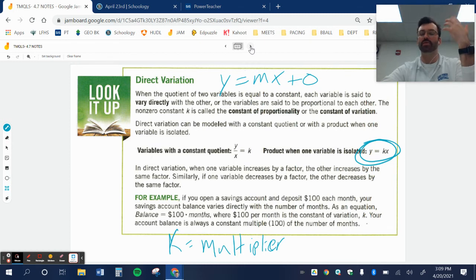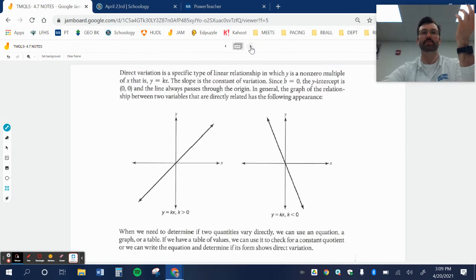We're not used to these huge numbers, and now we're going to start to deal with them. Direct variation is a specific type of linear relationship in which y is a non-zero multiple of x, that is, y equals k times x. Slope is the constant of variation.